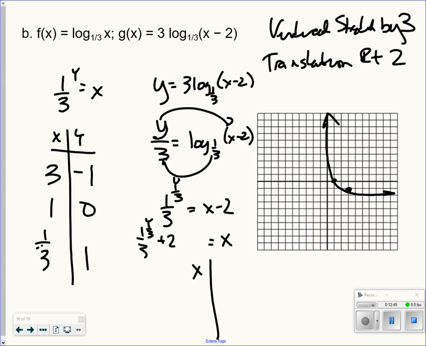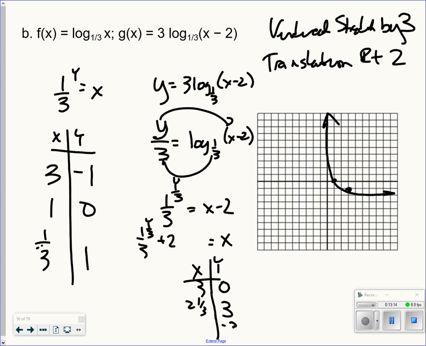So if I did an xy chart for this, I'd probably want to use increments. So if I put in, let's say 0, that wouldn't be too bad. That'd be 1 plus 2, so 3 for x when y is 0. 3 for y, that would be 2 1/3.